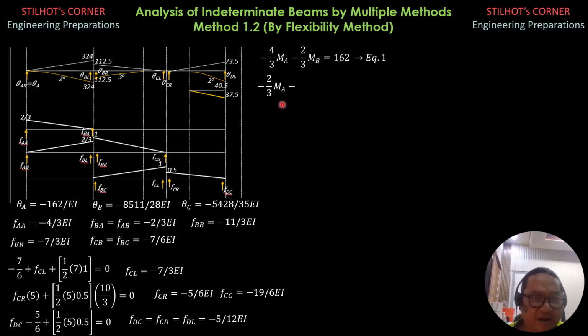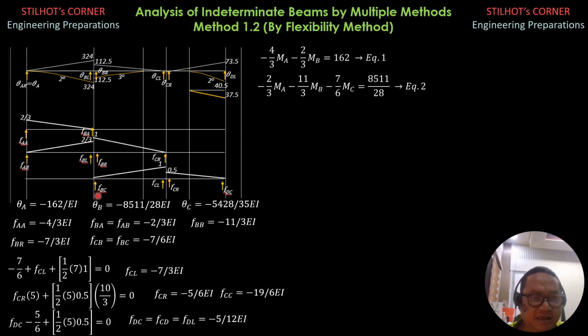So FBA is negative 2/3 times MA plus FBB, negative 11/3 MB, plus FCB, negative 7/6 MC, plus theta B equals 0. Transpose theta B to the right, it equals positive of theta B, because theta B is negative 85/11/28, so it becomes positive 85/11/28. Call that equation 2.